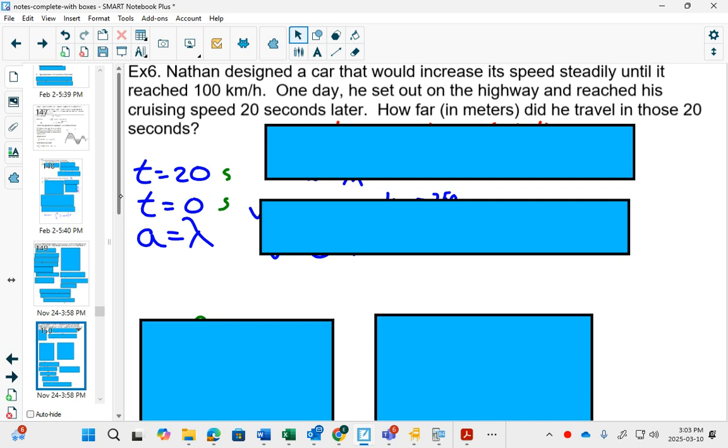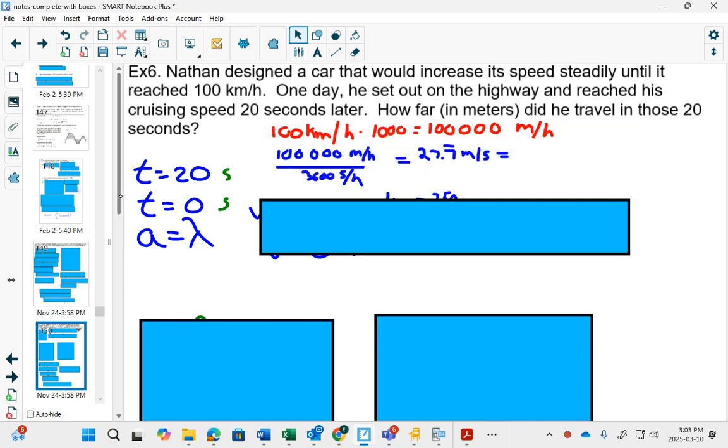What are we doing? Kilometers, meters per second. Okay? We have different units here. So we also have to make sure we're dealing only in one unit. If I want meters, my 100 kilometers per hour needs to be changed to meters per hour, but I don't want hours, I want seconds.